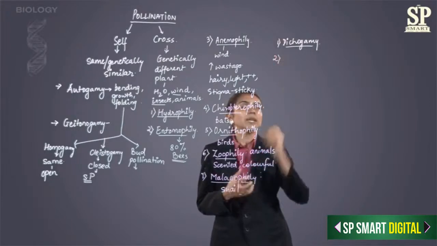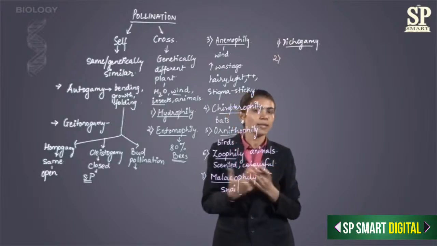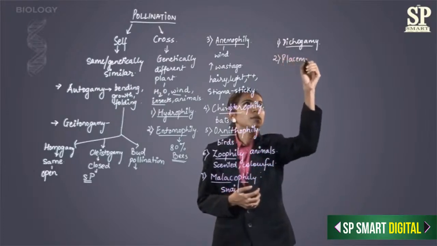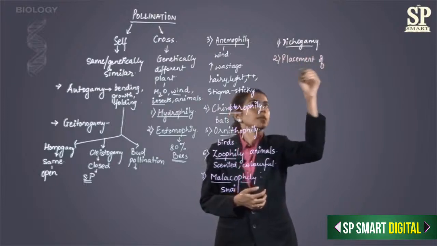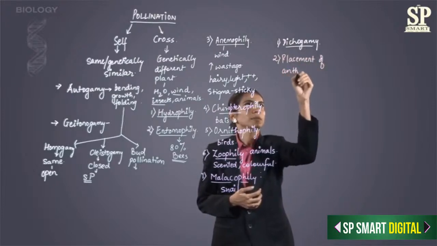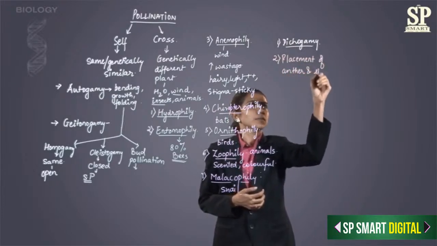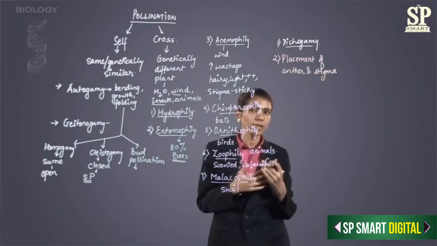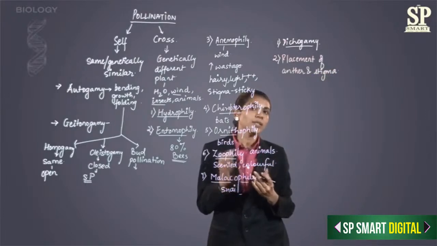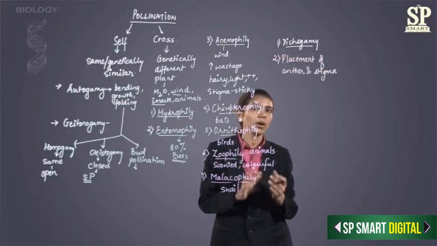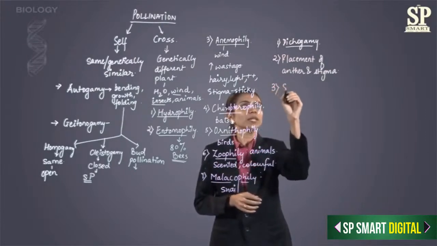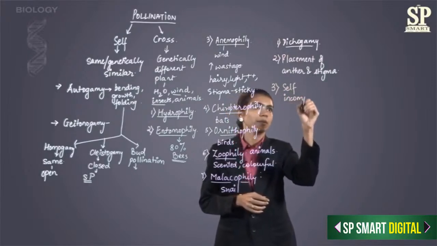Second is the placement of the anther and the stigma. The placement of the anther and stigma is such that the pollen grains cannot be deposited onto the stigma of the same flower. Third is self-incompatibility.